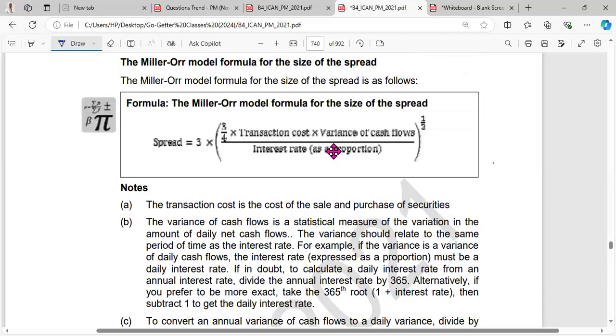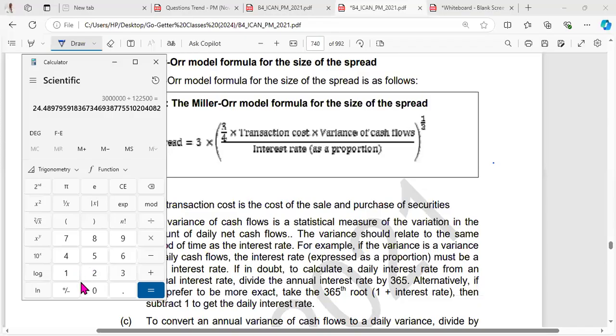So you need to, first of all, make it a proportion. So let's say you are given 6%. All you need to do is 6 divided by 100. Then you have gotten the interest rate for the year.